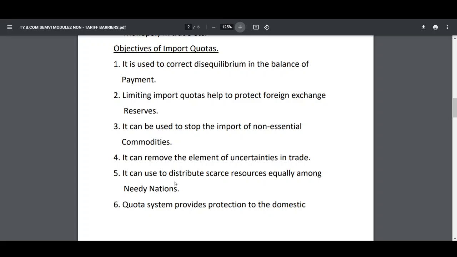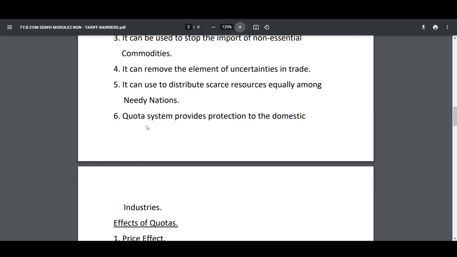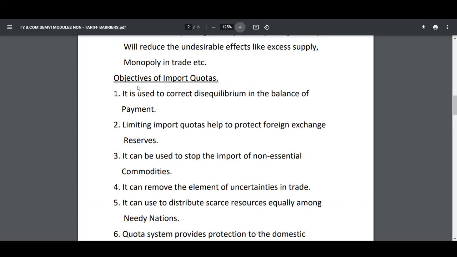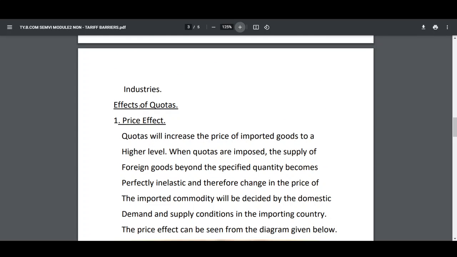Fifth, it can be used to distribute scarce resources equally among needy nations. Sixth, the quota system provides protection to the domestic industries by controlling imports and by encouraging export. So these are the 6 objectives of import quotas. Quota means limit.